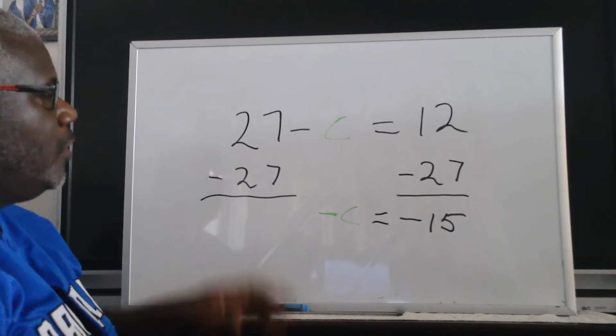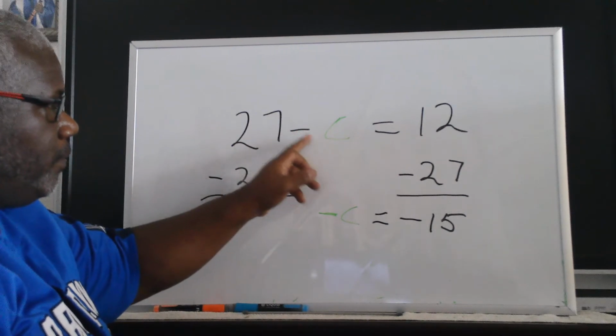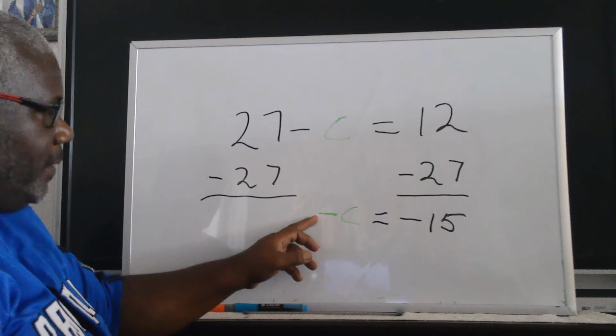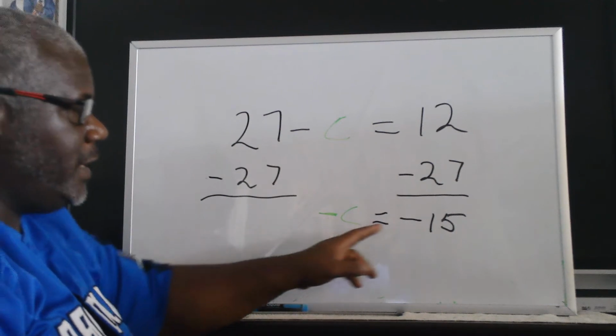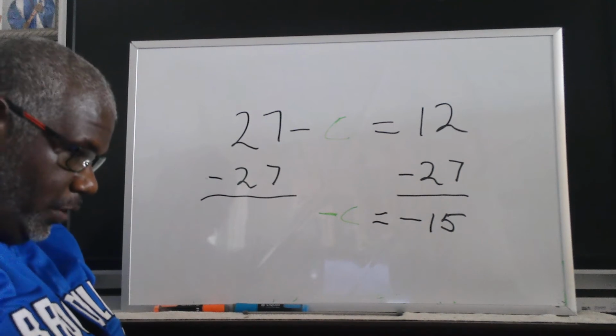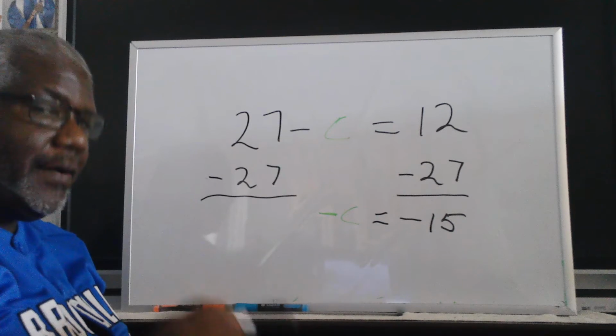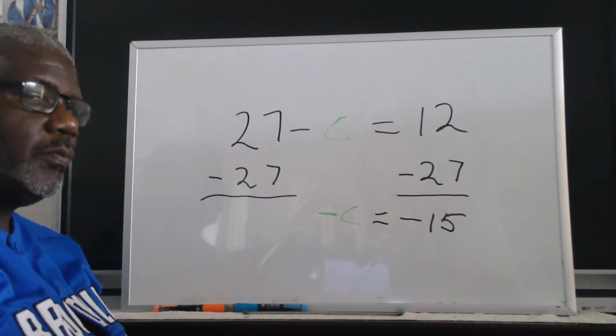Okay. This is a negative number. This symbol comes down. So negative C equals negative 15. The problem with that is, the rule is, as a final answer, you cannot have a negative variable.